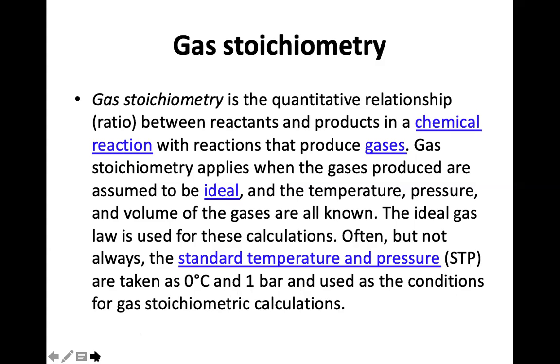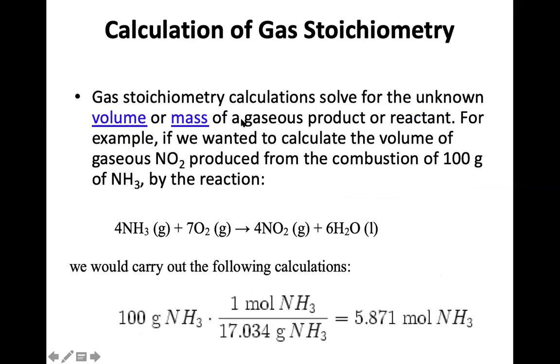gas stoichiometric calculation. Here you can see a gas stoichiometry calculation solved for the unknown volume or mass of the gaseous product or reactants. For example, if you want to calculate the volume of gaseous nitrous oxide produced from the combustion of 100 grams of ammonia by a reaction like this one, then we would carry out the following calculation.